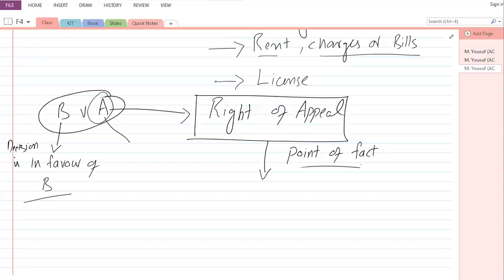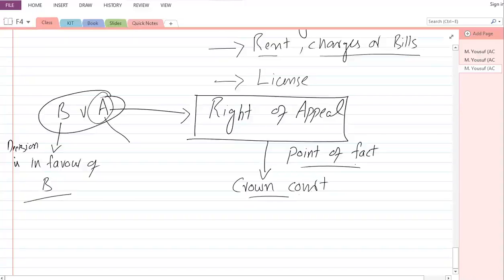If you are appealing on the basis that facts are not gathered correctly, then you can appeal against the magistrate court's verdict in Crown Court. So the case will be forwarded to Crown Court on the basis of point of fact.